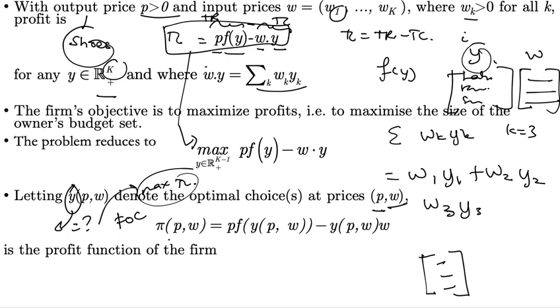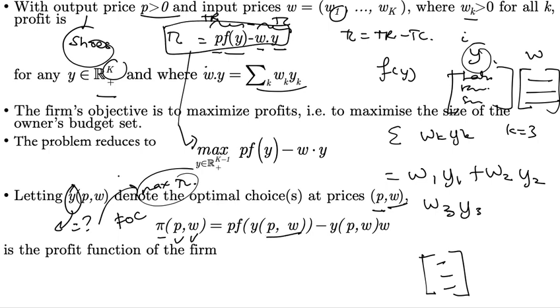So here, if we try to detail out the profit function, as you can see, the profit function depends on the price of output and also the prices of input. And it is identical to total revenue, in which price times output. Output refers to f(y) because y itself is a function of the price of product and also the price of input. So we write it this way.